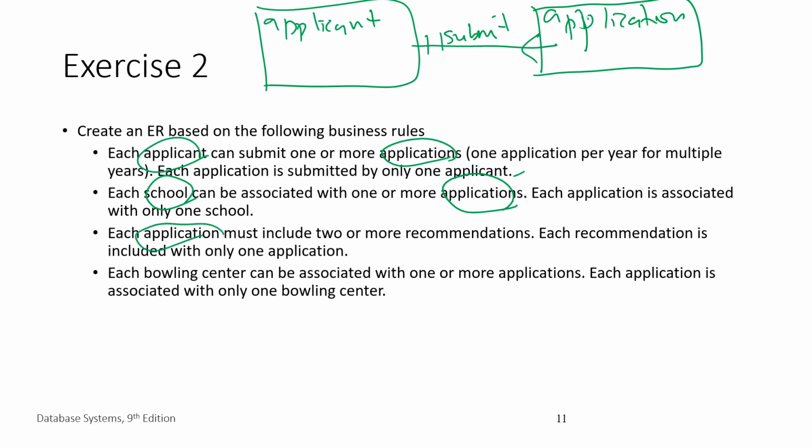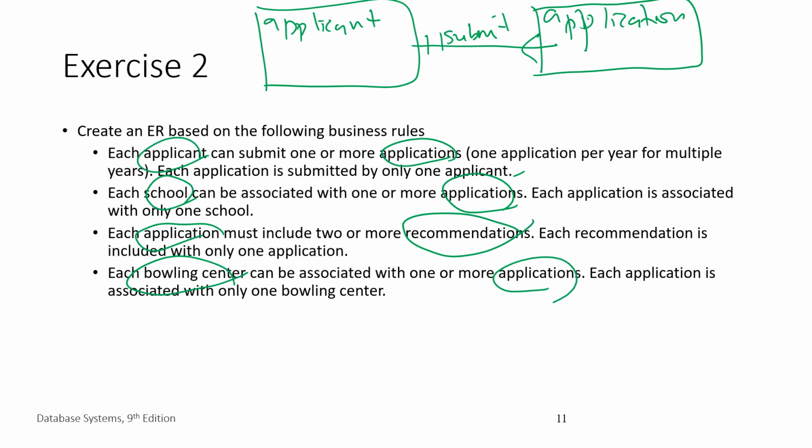So application and recommendation. And finally, each bowling center can be associated with one or more applications: bowling center and application. Based on this situation, the question is not very clear.